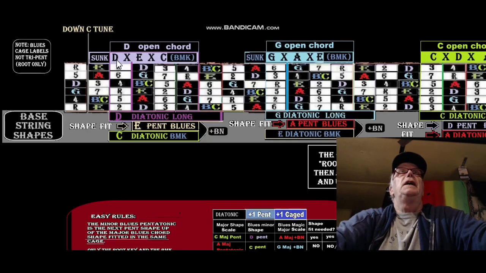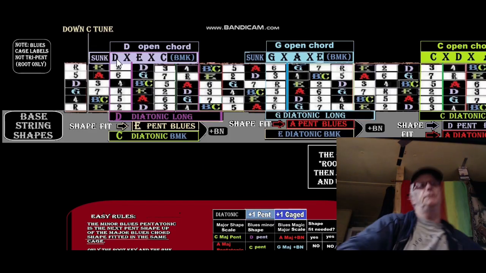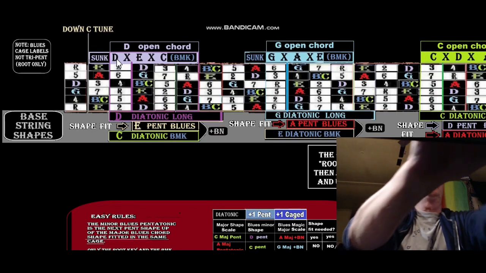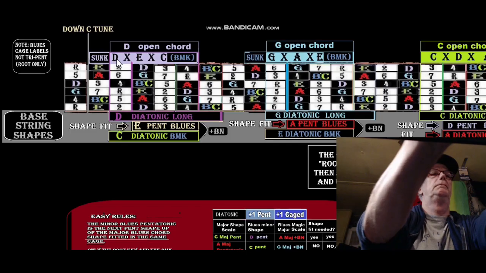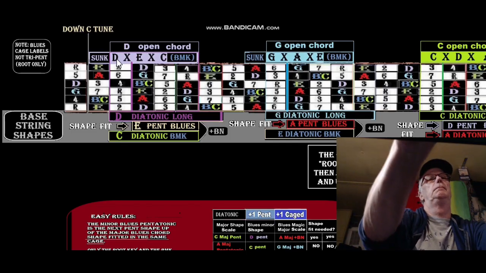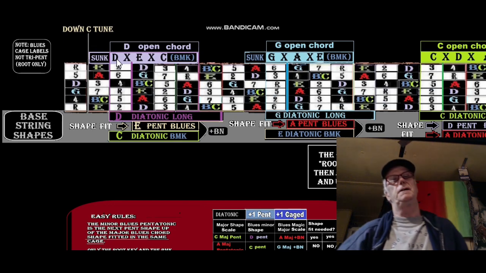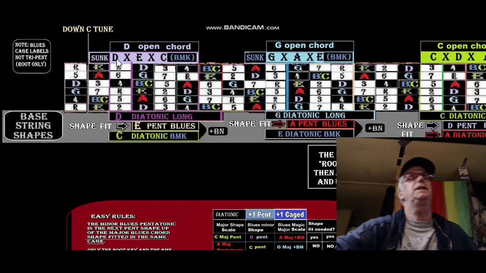Okay, now the thing to remember about the root key of the blues is your regular key. What key are we playing the blues in? We're going to play blues in C. Okay, blues in C would be a C7 chord. That's the root key of the blues.